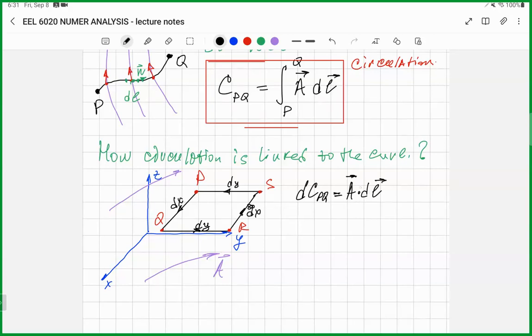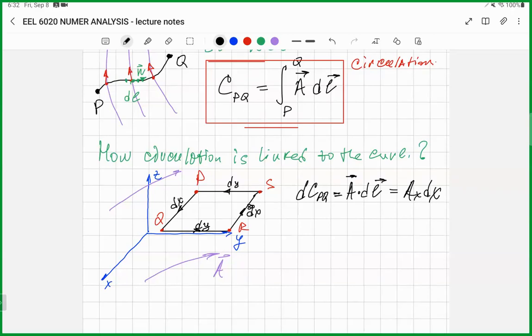And it points in the x direction. So the product of A and dl in this particular case is equal to Ax dx. So let us write it here, Ax dx.